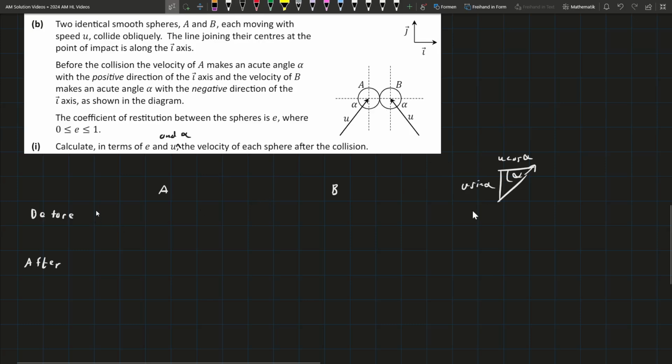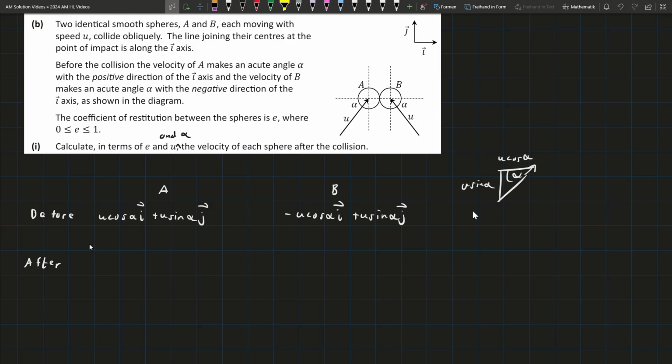For A, because it's moving to the top right, they're both positive. So we'll have u cos alpha i plus u sine alpha j. For B, it's moving to the left, so we're going to have minus u cos alpha i, because minus is to the left, but it's still going up, so it's plus u sine alpha j.